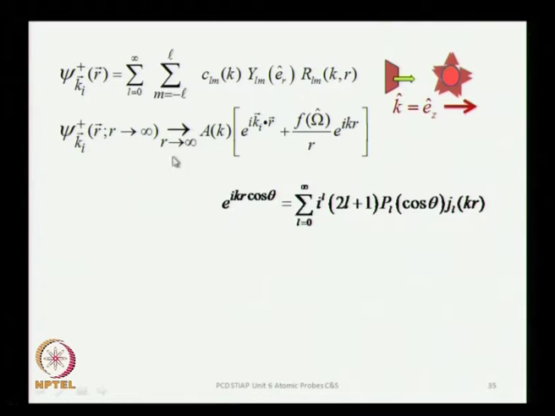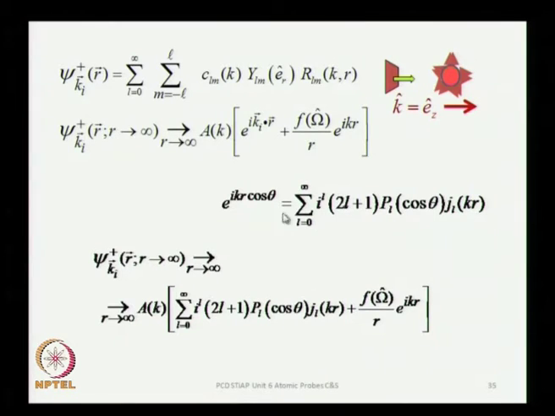Now in this phenomenological solution, you know what the plane wave is. It has got this expansion in the Legendre polynomials. So you can insert this expansion over here. The second term is f of omega over r e to the i k r, which comes here.